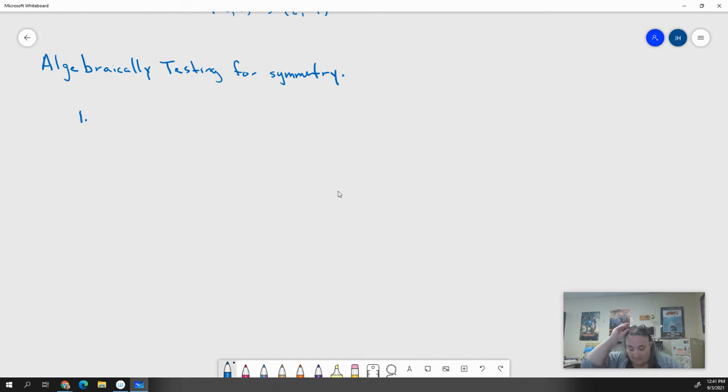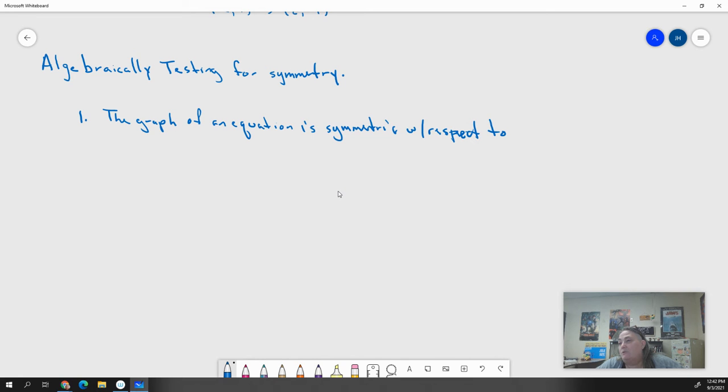So number 1, again, the graph of an equation is symmetric with respect to the x-axis when replacing y with negative y yields an equivalent equation.